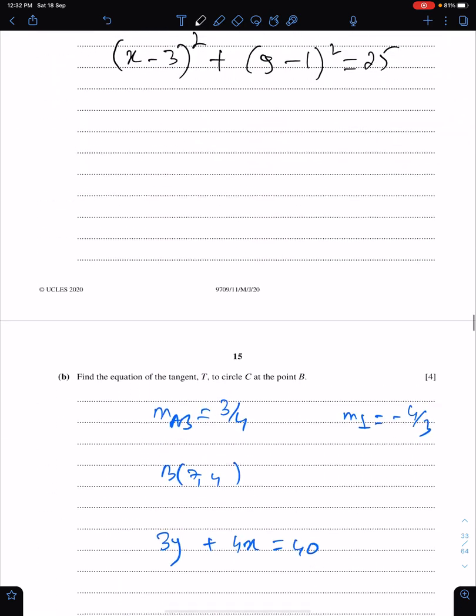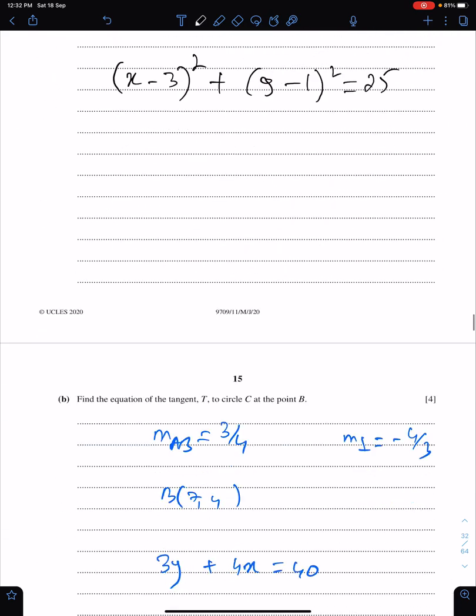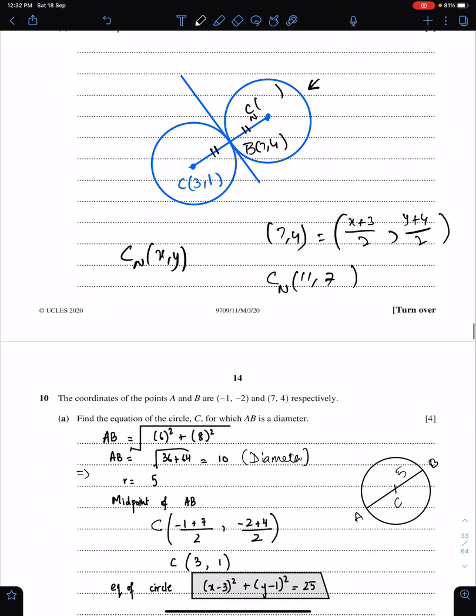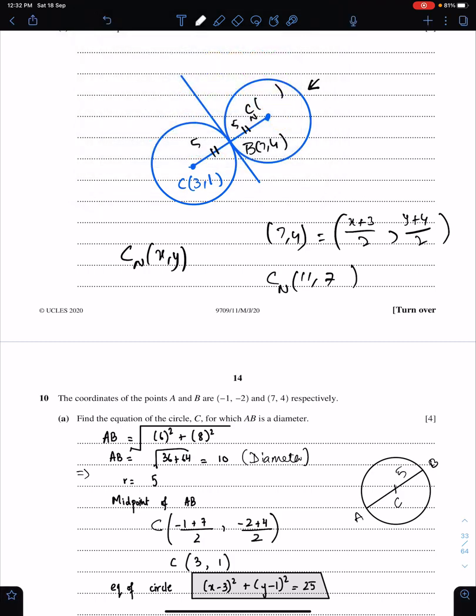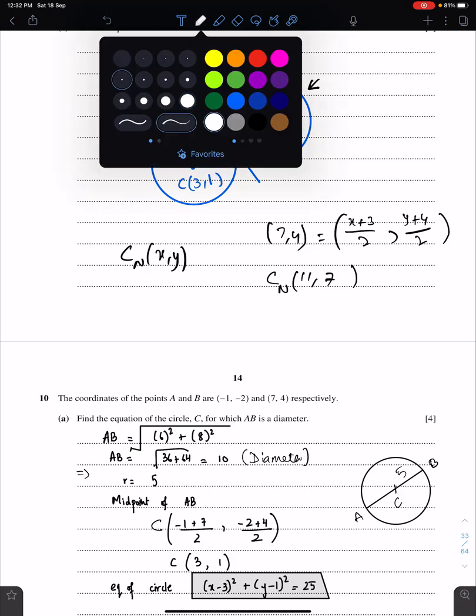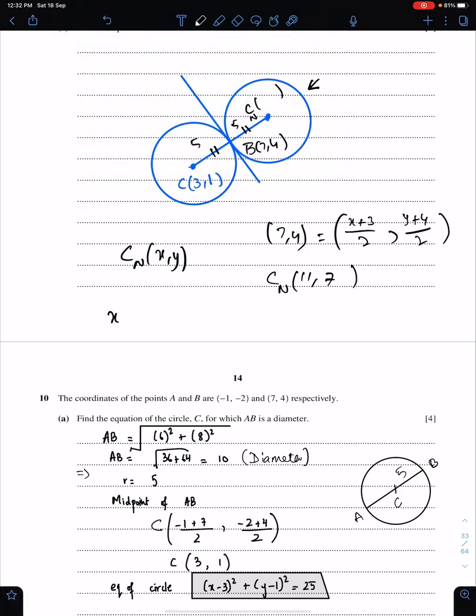And we already have the radius of first circle, which is 5. So we can get the equation of this circle. So (x minus 11) squared plus (y minus 7) squared is equal to 25.